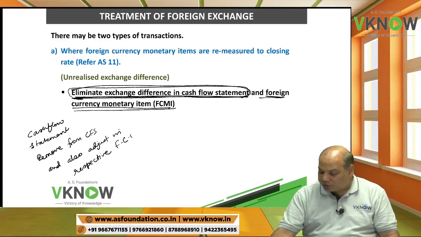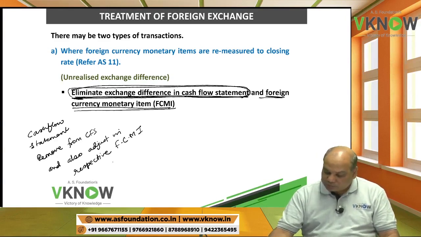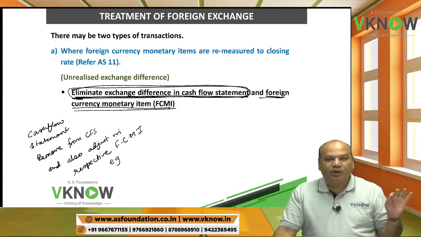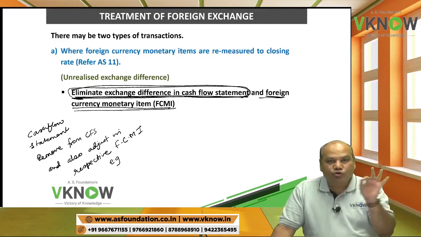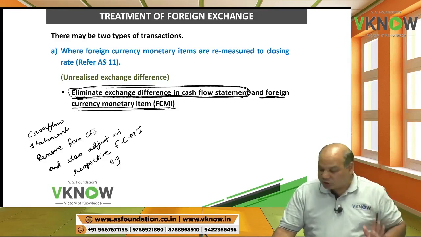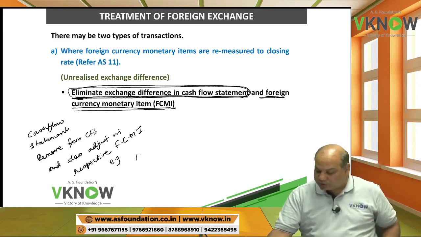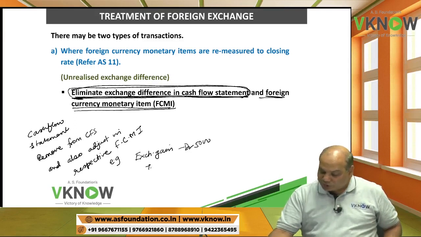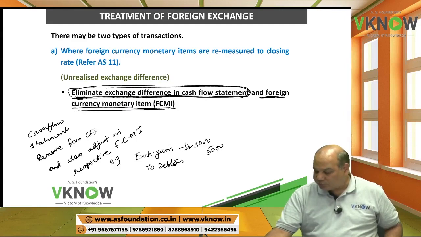foreign currency monetary item. For example, in the previous case, while preparing balance sheet, we will record the entry debtors to exchange gain, but while preparing cash flow statement, I will reverse it. Only for cash flow statement purpose, exchange gain account debit 5,000, just reverse it, and to debtors 5,000.